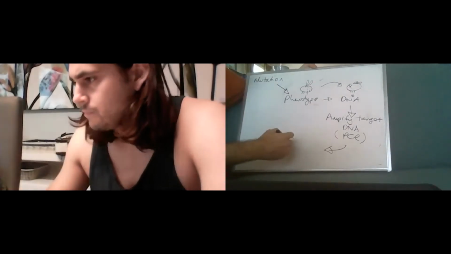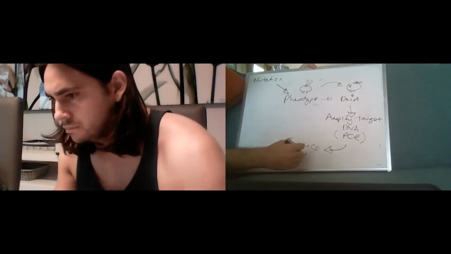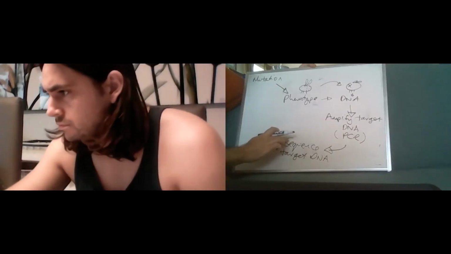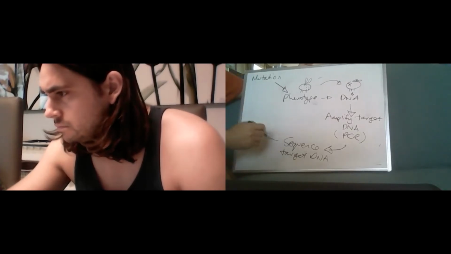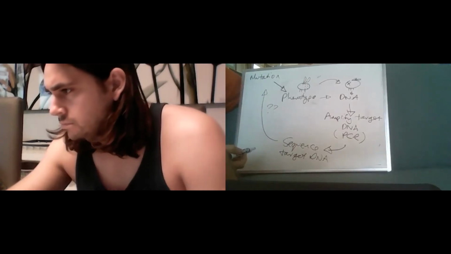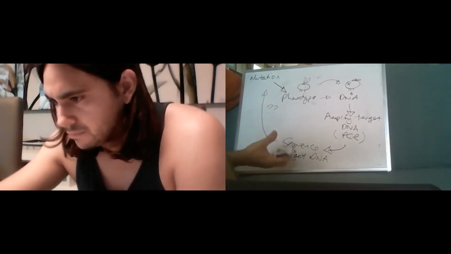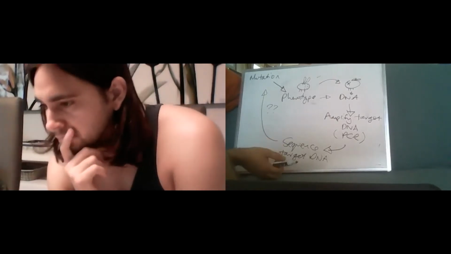The next step, and I apologize for the writing, would be to sequence that DNA. And that will tell us what change generated this phenotype. So this is the kind of thought process, or workflow, or concept that we're working through.